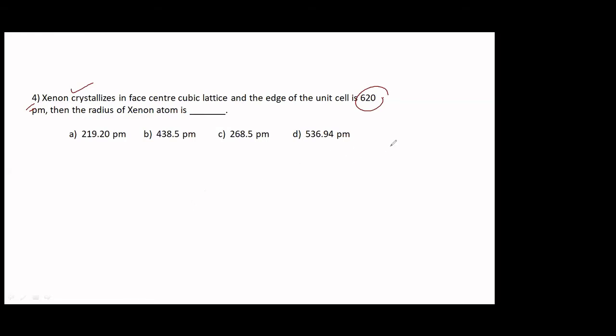Because it is face centered, you know that root 2 a is equal to 4r. This is the one which you are supposed to use. a is given to you, so r should be root 2 a divided by 4. The value of root 2 is 1.414. So you can substitute it: 1.414 into 620 divided by 4.